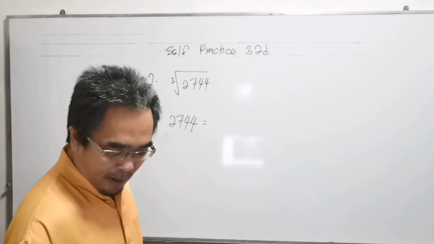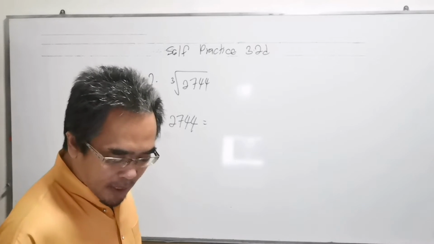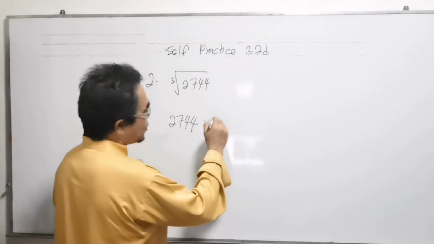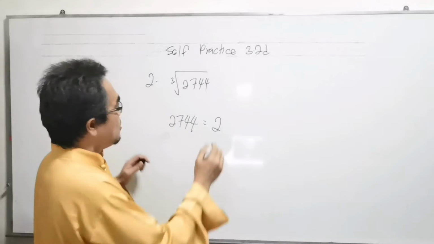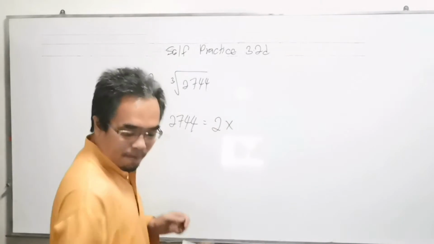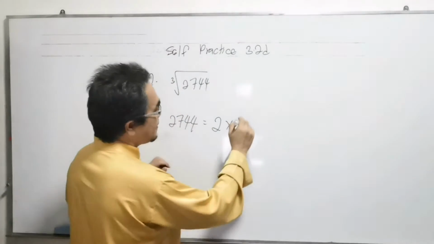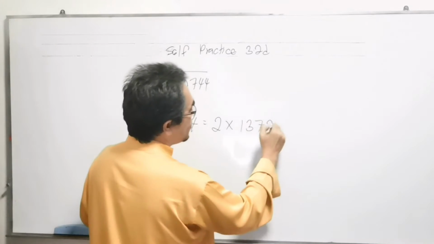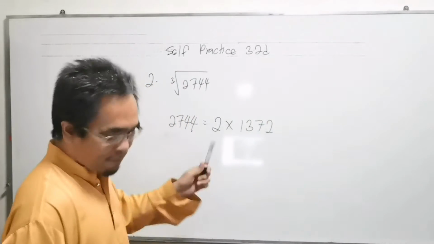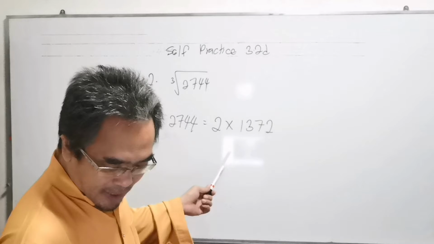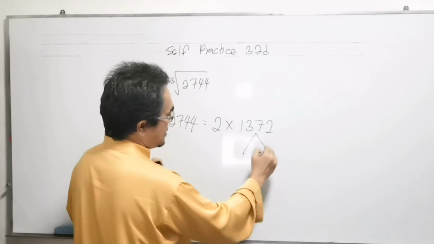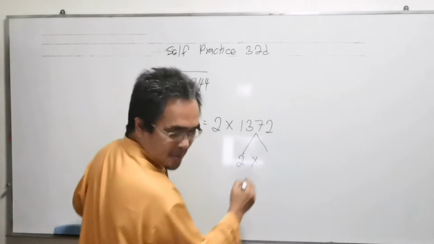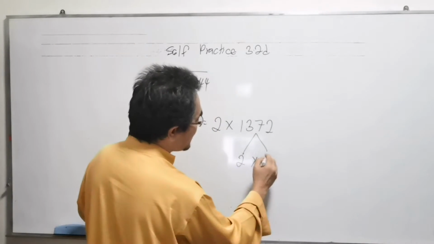2744 divided by 2 is 1372. So, they ask you to use prime factorization, it will be 2 times 1372. If you divide this 1372 by 2 further, it is 2 times 686.